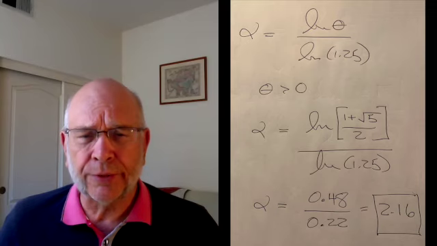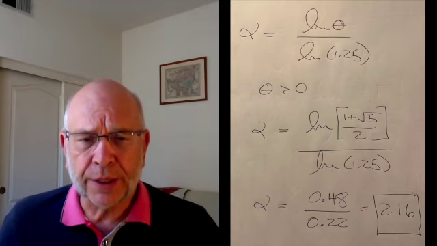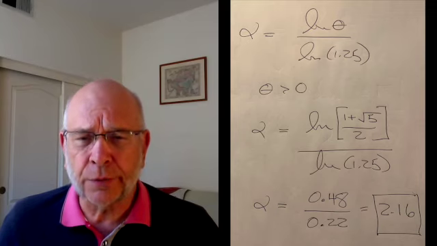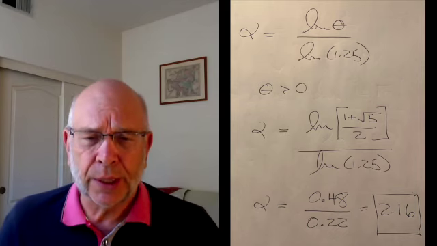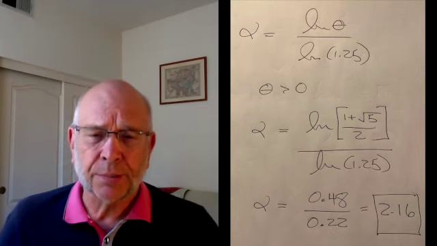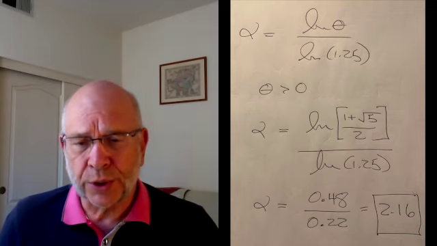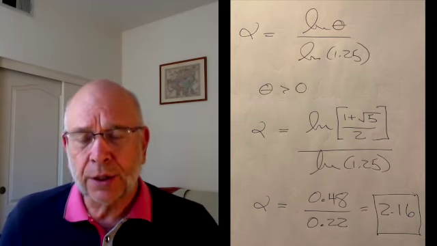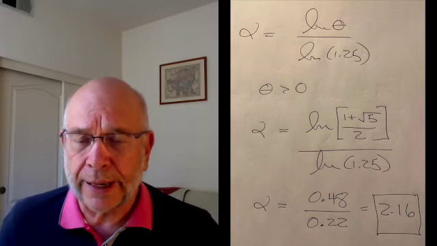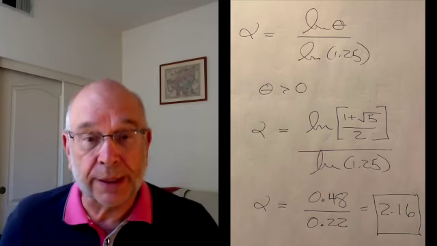So here we have the expression solving for alpha: the log of 1 plus the square root of 5, all divided by 2, is 0.48, and that's divided by the log of 1.25, which is 0.22. You grind that out, and it's 2.16.